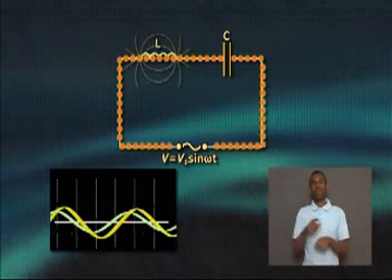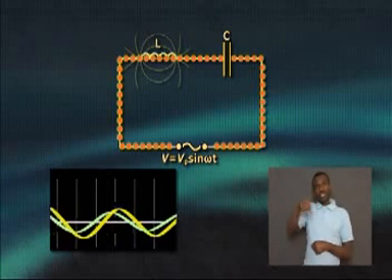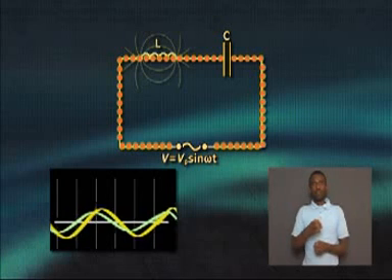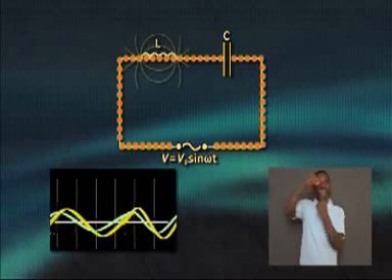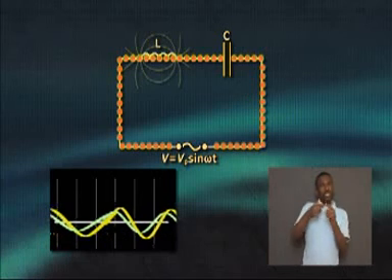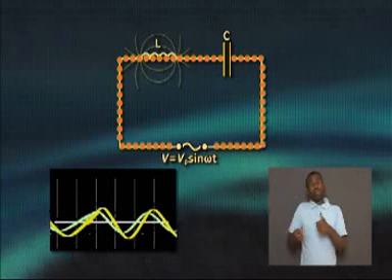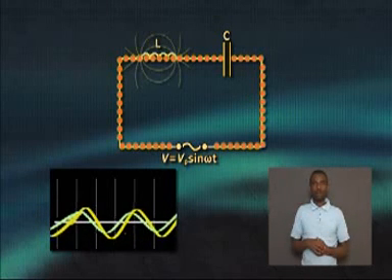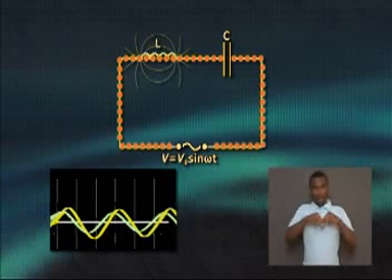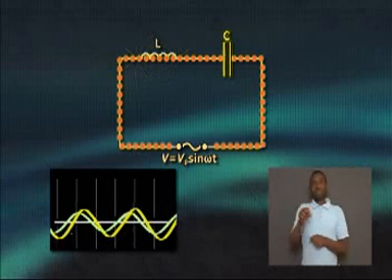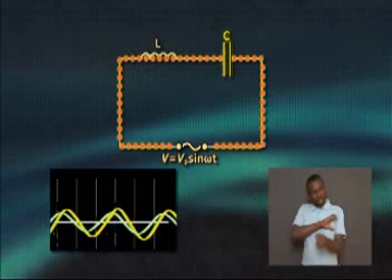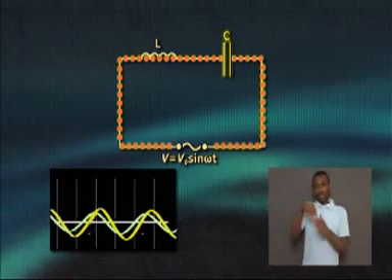This current will charge the capacitor with a voltage of opposite polarity to the original charge. Eventually, the magnetic field will be without charge. The capacitor will hold the charge instead.